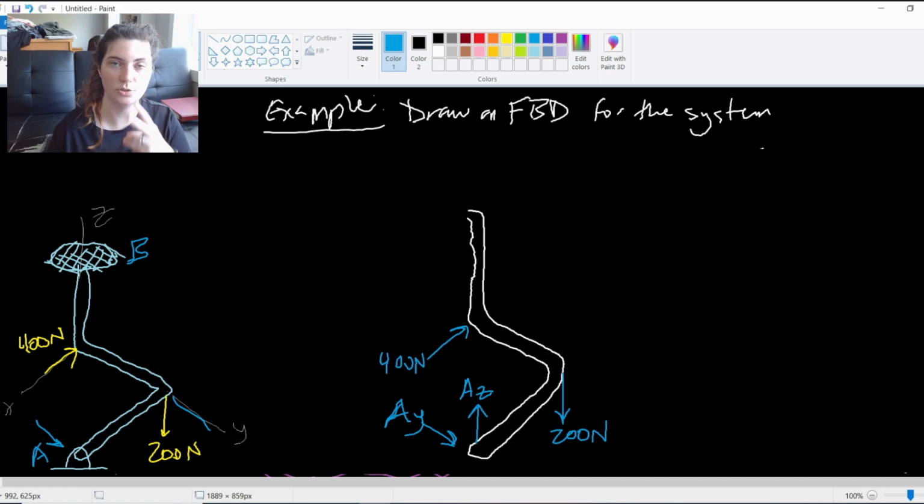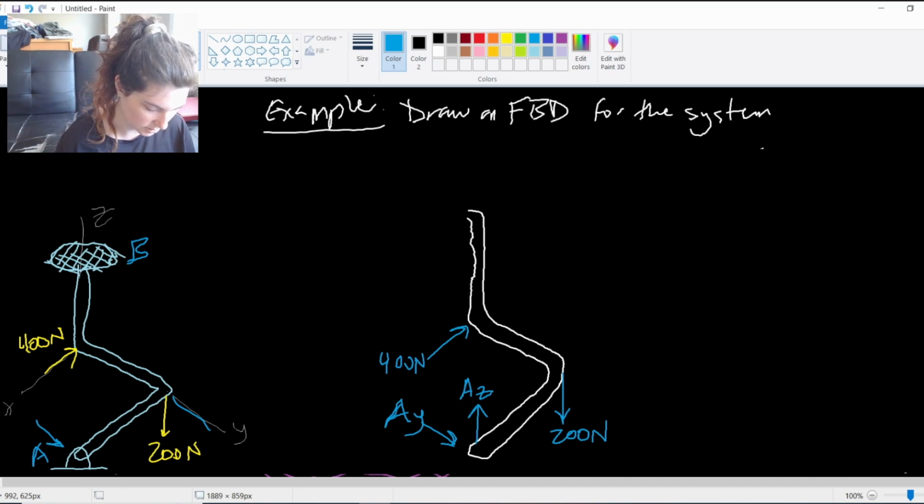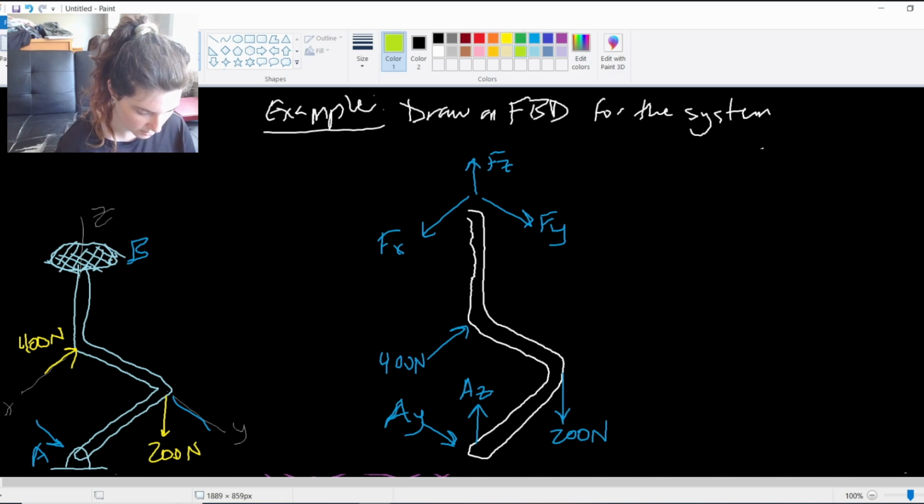Point A just has the 2 support reactions, and then point B, being a fixed point, is going to have 6, right? Everywhere is supported, everything is firm, it cannot move in any direction, has no freedom of give in any direction. So our FZ, FY, FX, as well as those moments.